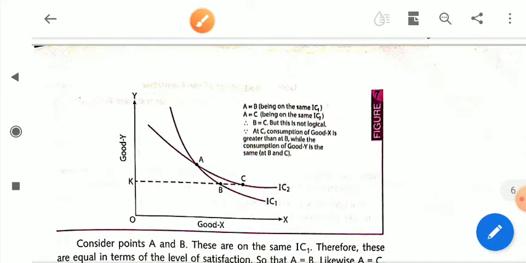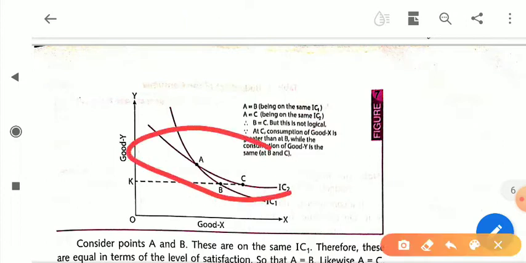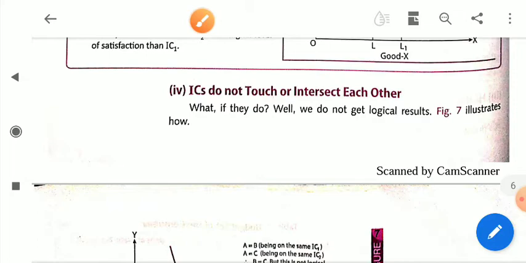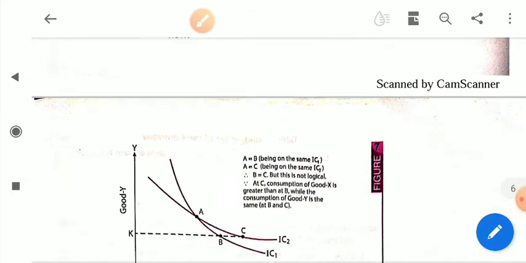But this is not possible, because A and C can never be equal, as they are on the same indifference curve, which is IC2. So this simply shows that two indifference curves never intersect or touch each other.